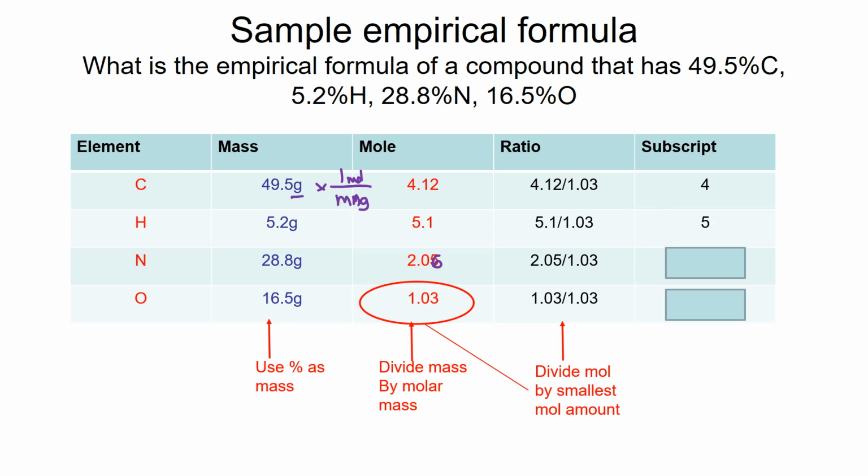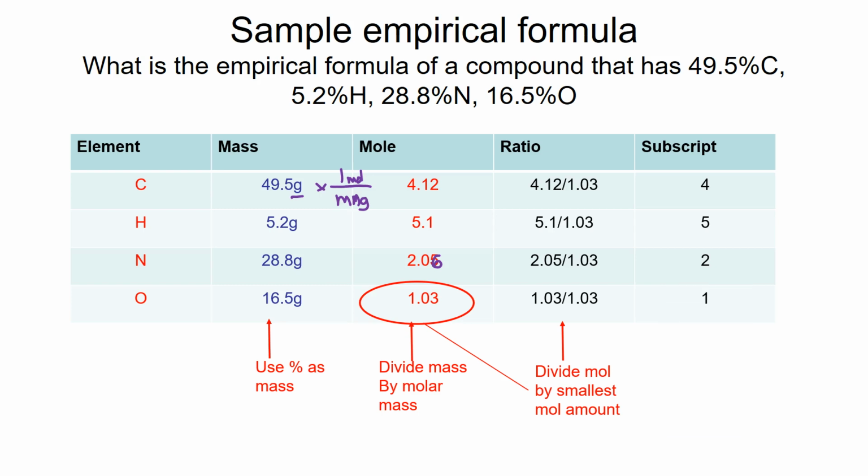And for the next one, I get 1.99, which is close enough that I can round. And then 1.03 divided by 1.03 is 1.